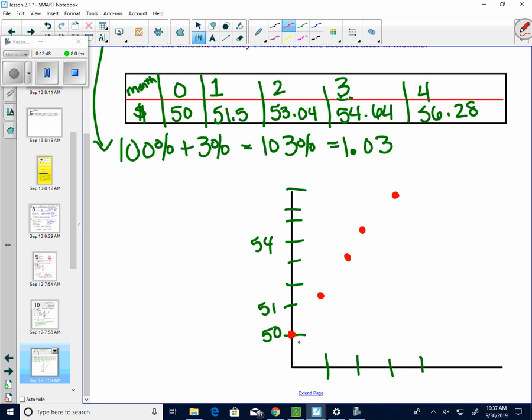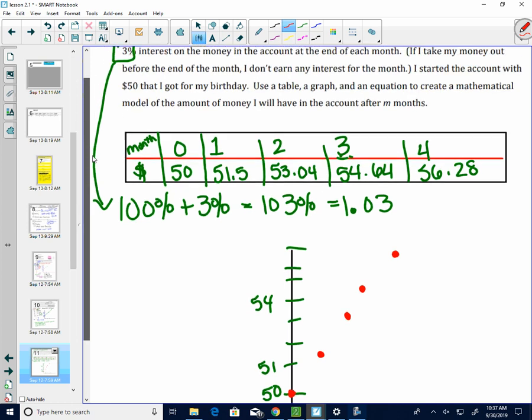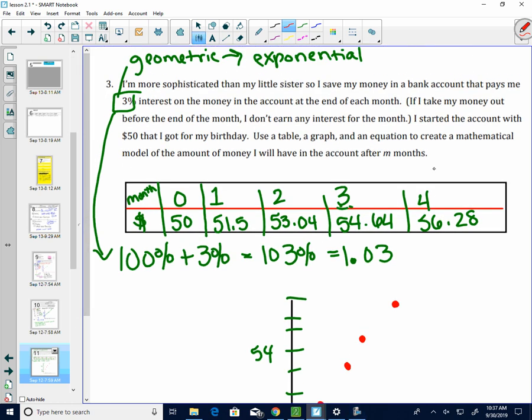And if we look at this, it kind of appears to be linear. It should be more curving this way if we were to connect it with a line. However, this data is discrete because of this statement right here. If I take my money out before the end of the month, I don't earn any interest for the month.